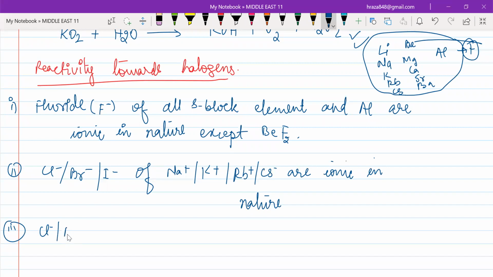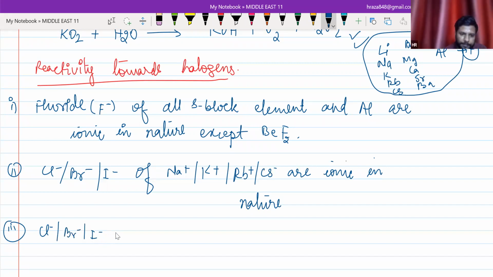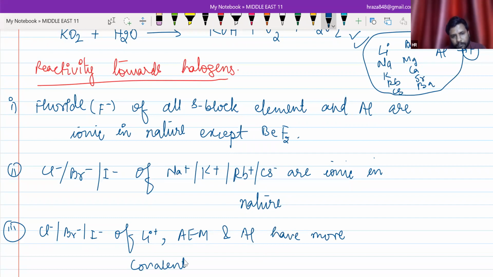Now, Cl minus, Br minus, I minus of Li plus, alkaline earth metals and aluminum have more covalent character due to Fajan's rule.